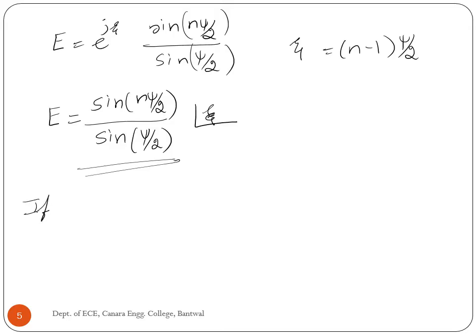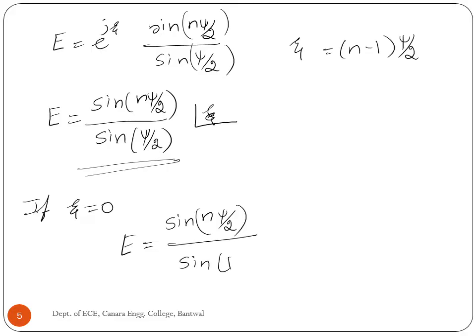If zeta is equal to 0, total field intensity is sine of n xi by 2 divided by sine of xi by 2.